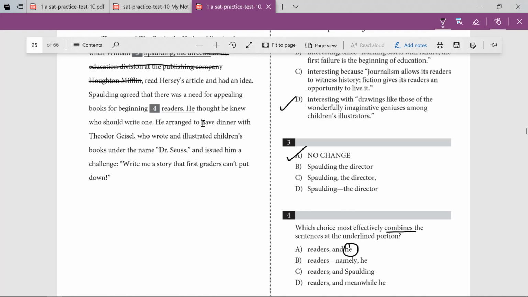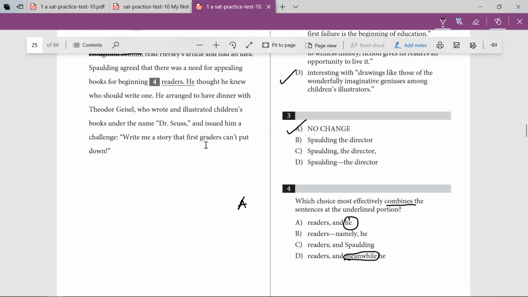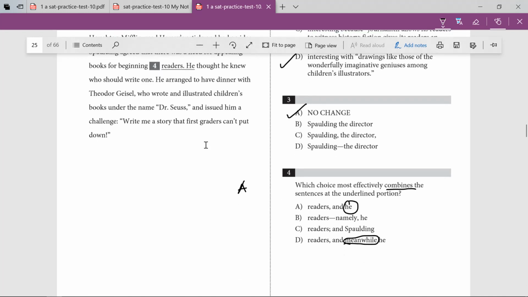And this kind of connector is not required here. So I would go with A, because these are two independent thoughts which are combined by a comma and an and. A comma and an and is used to combine two sentences, a compound sentence separated by a comma and a conjunction.